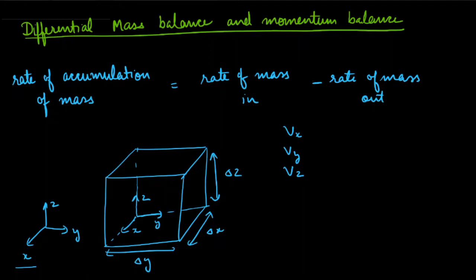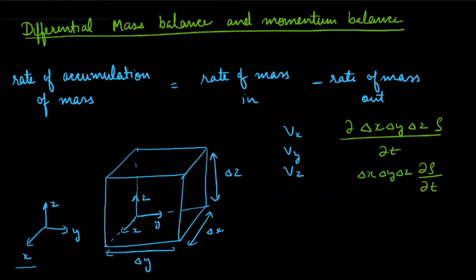The rate of accumulation in this differential element delta x, delta y, delta z will be the total mass, which is this differential volume multiplied by density, and the rate of its change. Delta x, delta y and delta z will come out and it will be multiplied by del rho by del t, because these are not changing with time. So this is the left hand side of our equation.